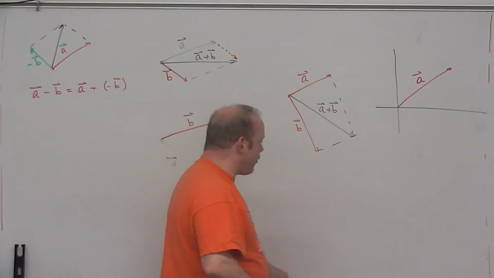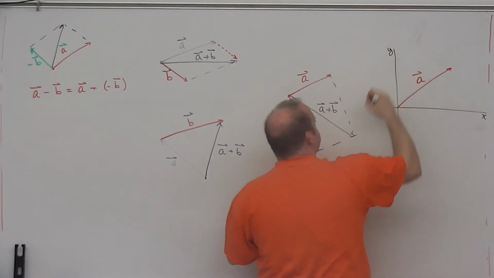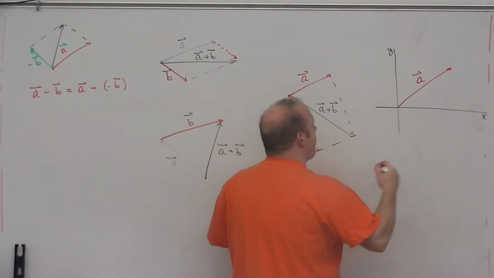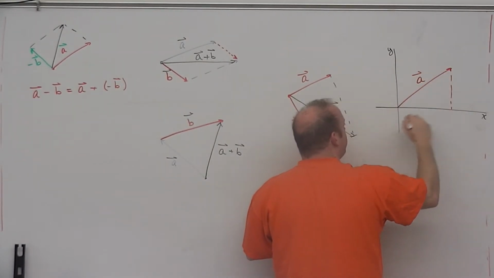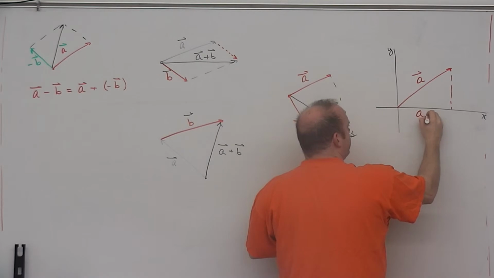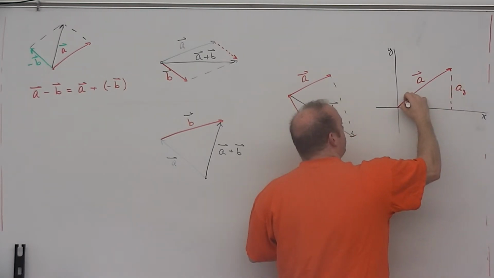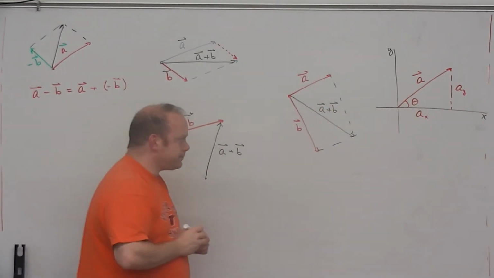It has parts that go both along the x direction and the y direction. This part right here is going to be the AX. This part right here is going to be the AY. I need an angle theta here to be able to figure out what they are.